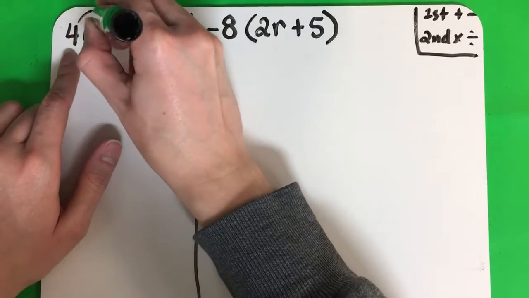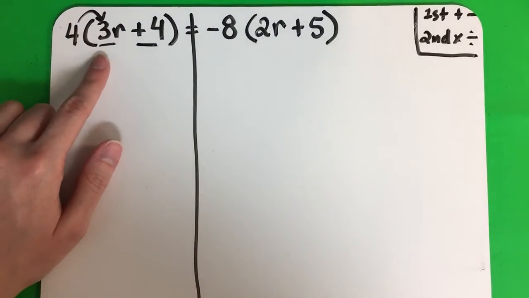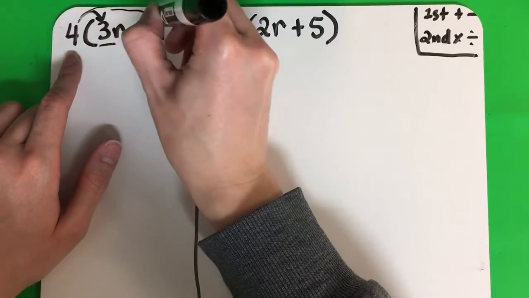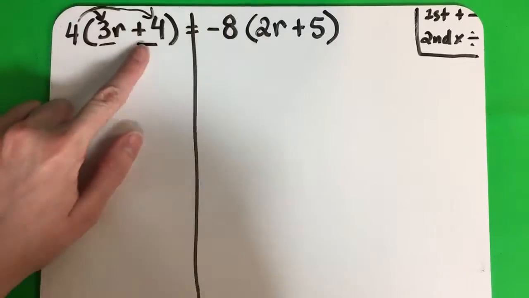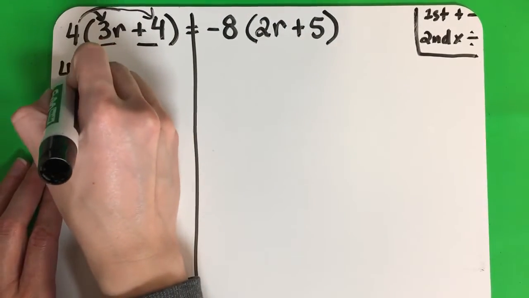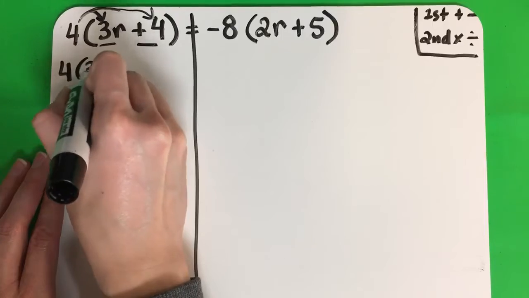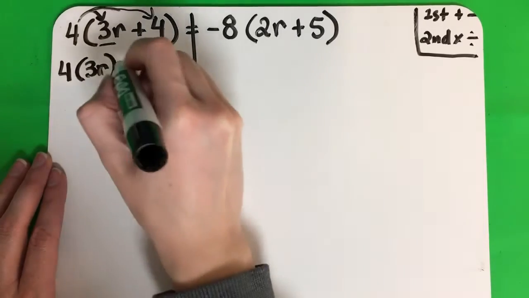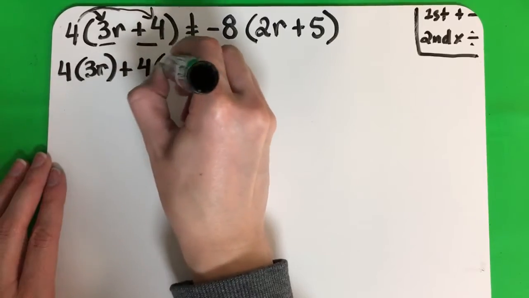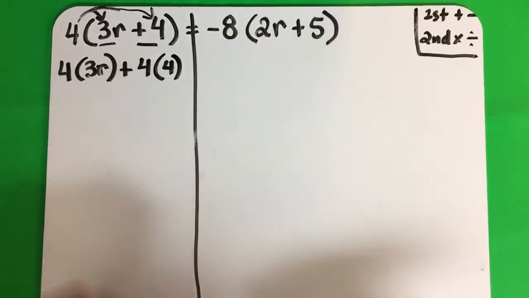Okay, so 4 with 3R, 4 con 3R, and then again, y otra vez, 4 with +4, 4 con positivo 4. Okay, so we're going to do 4 with part 1, con parte 1, with 3R, plus, again, otra vez, 4 with part 2, 4. 4 con parte 2, 4.